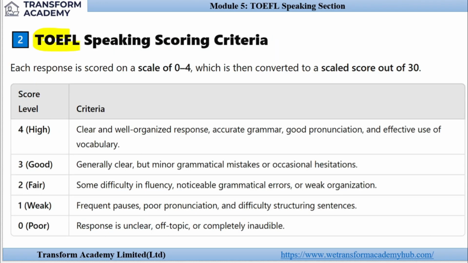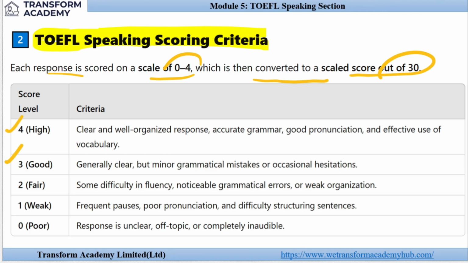Now we'll talk about the TOEFL speaking scoring criteria. Each response is scored on a scale of 0 to 4, which is then converted to a scaled score out of 30. A 4 is high, 3 is good, 2 is fair, 1 is weak, and 0 is poor.